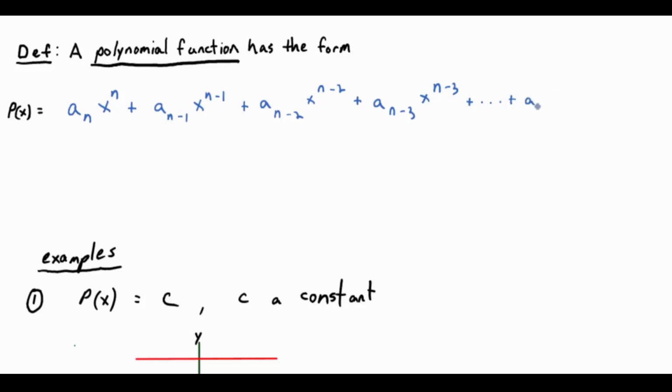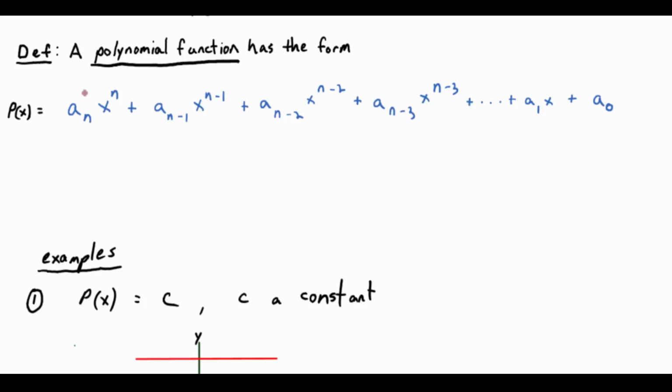Eventually you get to a_1 x to the 1 power. And then if it's non-zero, even if it is 0, we could name it a subscript 0. The constant term is called a_0.